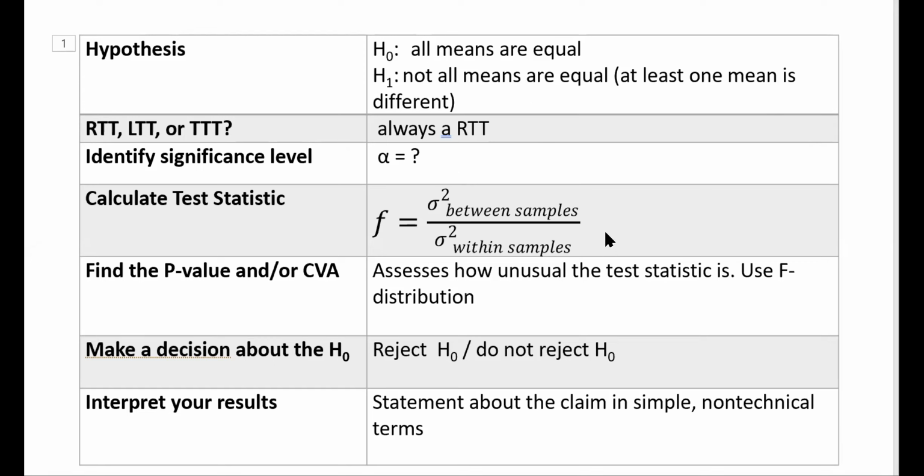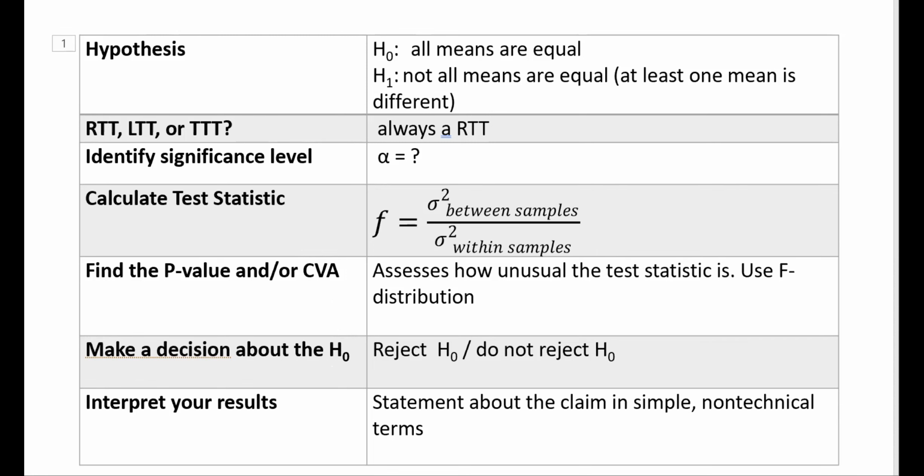The test statistic, you're going to use StatCrunch to calculate the test statistic and the p-value, and then you're going to use the F distribution to calculate the critical value. Remember, there is no critical value on the left. Your critical value is going to be on the right because it's a right tail test.